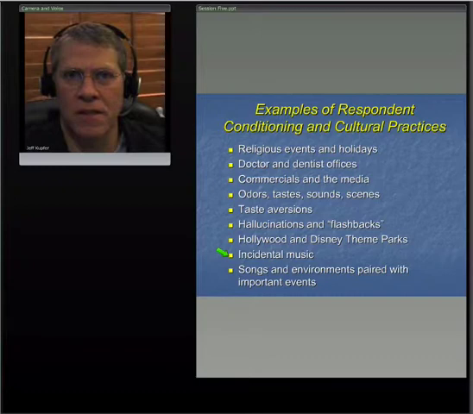The same thing holds true with the music of Jaws. You all know the music before the shark is about to attack. It starts off slow, and then the rhythm starts increasing, the pace starts increasing, and as the animal gets closer and closer, the music gets faster and faster until all of a sudden the shark strikes.